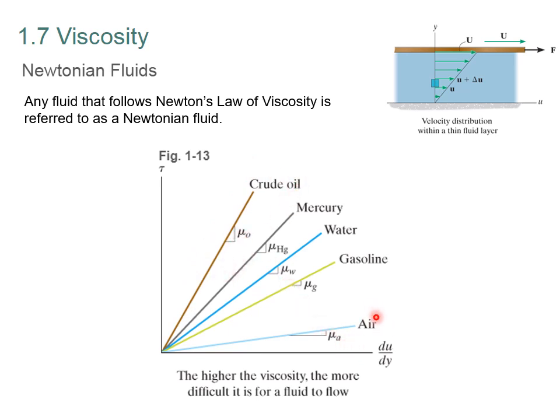So you can see for air all the way up to crude oil, the higher the slope, the higher the density of the fluid, and also the harder it is to flow, right? So air is pretty easy to get to move, but crude oil is pretty dense, so it's very hard to cause it to flow.